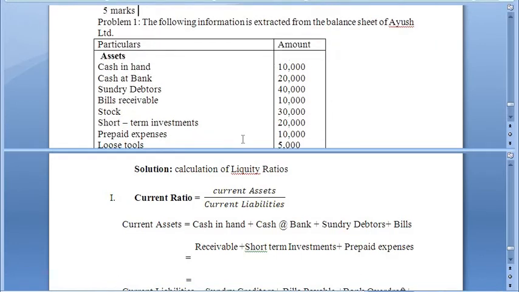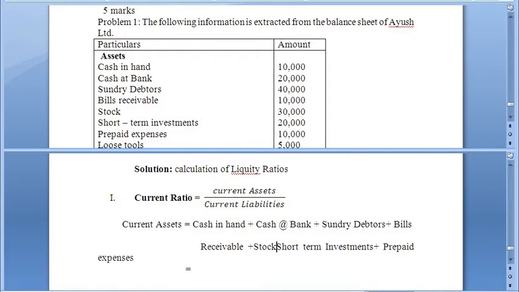So next line, write current assets is equal to, first one is cash in hand plus cash at bank plus sundry debtors, then plus bills receivable, plus after bills receivable here stock will come.